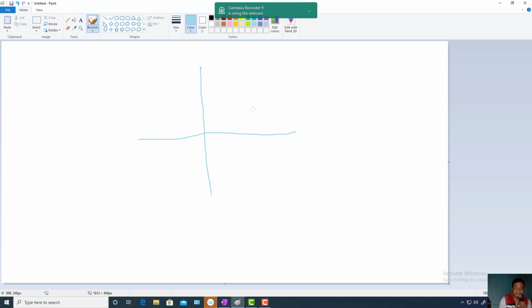Suppose the point (a, b) is here. a is not equal to 0, and b also not equal to 0 here. So b divided by a is going to be the slope of the straight line. So this line, let me draw.